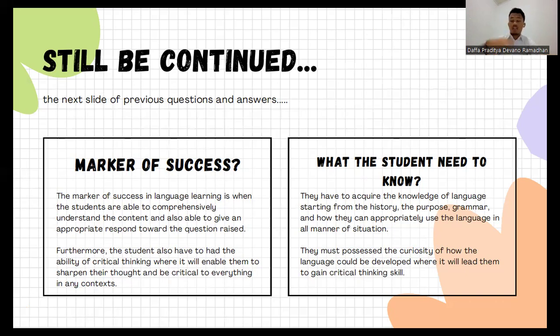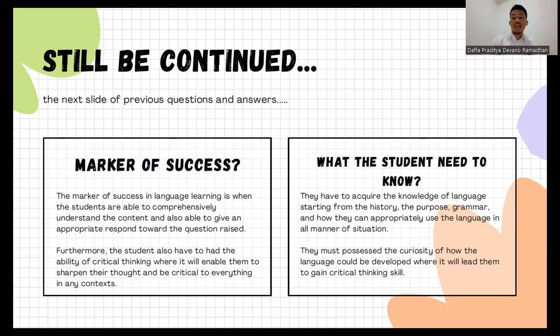And then the grammar as well, as we're not limiting ourselves to just speaking the language, but also writing, reading, and listening. So grammar is also important. And then how they can appropriately use the language in all manner of situations.